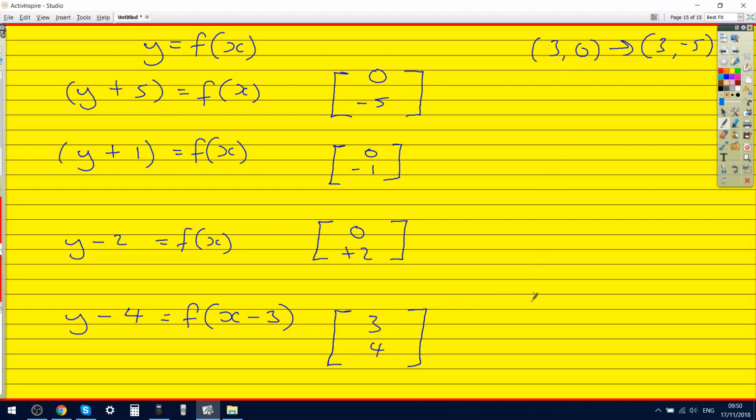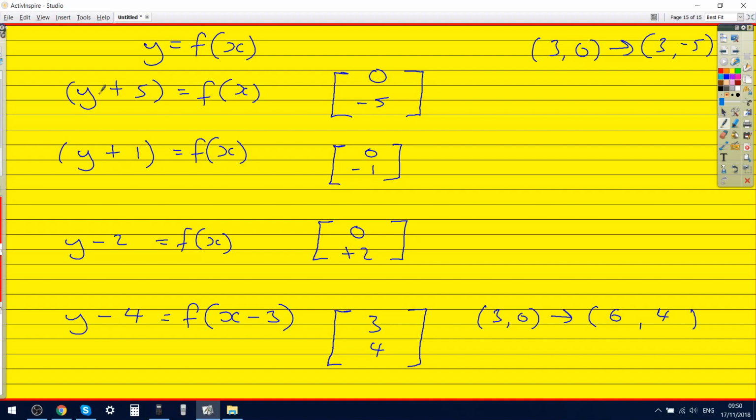So this coordinate 3, 0, what would that be after that transformation? Oh, right. It's plus 3 to the x and plus 4 to the y. So 6, 4. Yep, that's it. And so it's always the opposite sign of what you put in, because when you bring it over the equal sign, it changes.